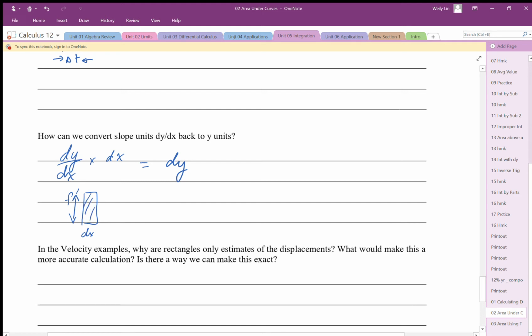That area must represent some change in the original y function. The height is dy by dx, and the width of the rectangles is dx, and that area is equivalent to a change in y. We change the derivative back into y units by multiplying by the change in x.